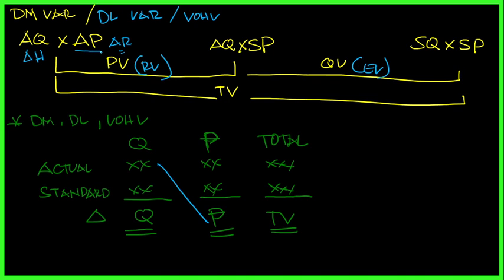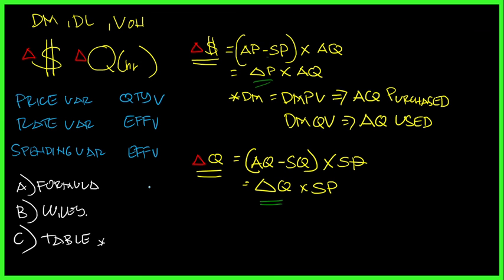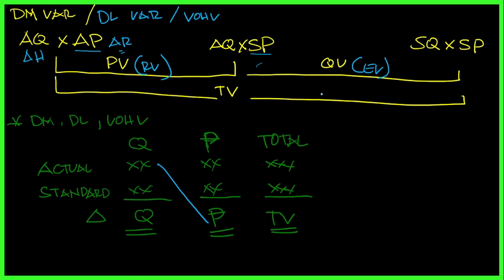Ang difference lang naman niya ay yung price. Ito actual, ito yung standard. The difference times the actual quantity. Ganun din po doon sa formula natin. You multiply it with your actual quantity. Yun lang naman yung pareho dyan.